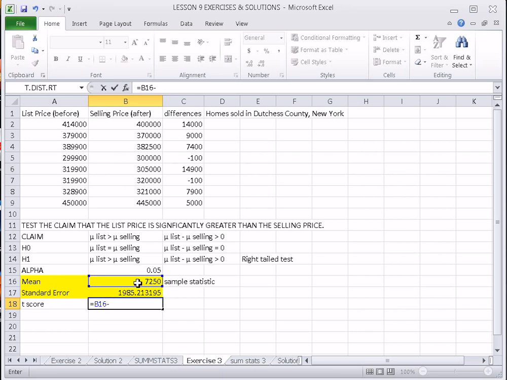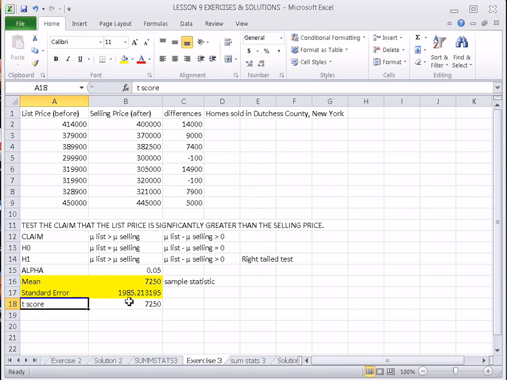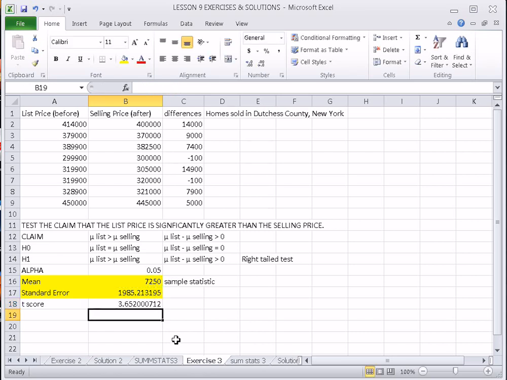So our mean difference is 7250. Our assumed difference is 0. Let us fix this. We need parentheses around here, and then we're going to divide that, remember, by the standard error. And here's our t-score of about 3.652.